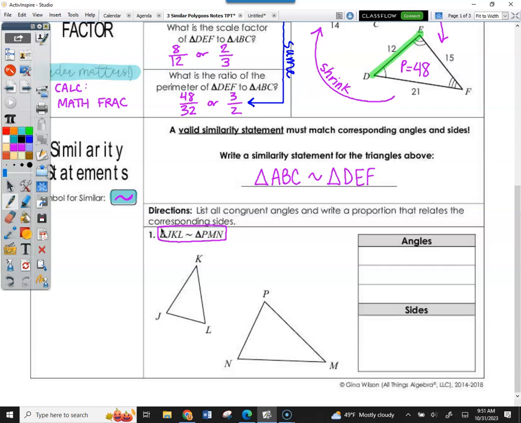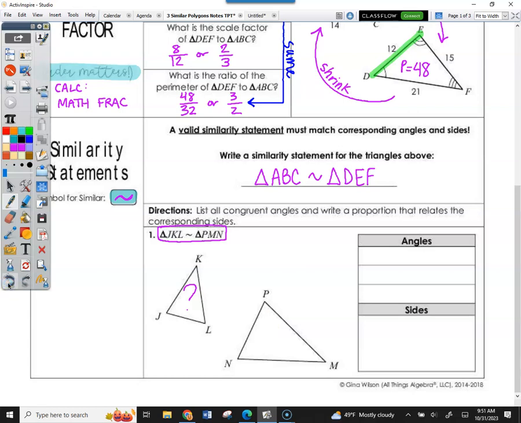So what angles would be congruent? Now, would it help to look at the picture? In this case, is the picture helpful? Yes or no? Can I tell exactly what is congruent to what angle over here in the picture? Not necessarily.